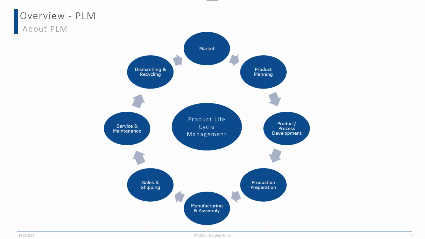In another way, the PLM supports companies in the planning, construction, and management of the production with more transparency and control. PLM also enables the efficient tracking, control, and management of all product-related information over the entire life cycle of the product.